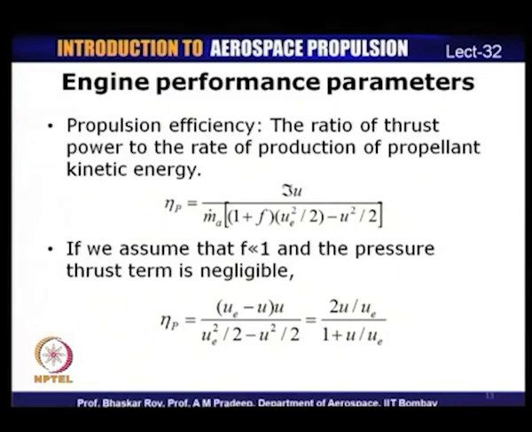But in that case, if you look at the thrust equation, if the exhaust velocity and the inlet velocity are the same, there is no net momentum change and the thrust generated becomes 0. So, if you try to maximize the propulsion efficiency, which happens when u is equal to u e, it at the same time means that you have a thrust which can become 0.